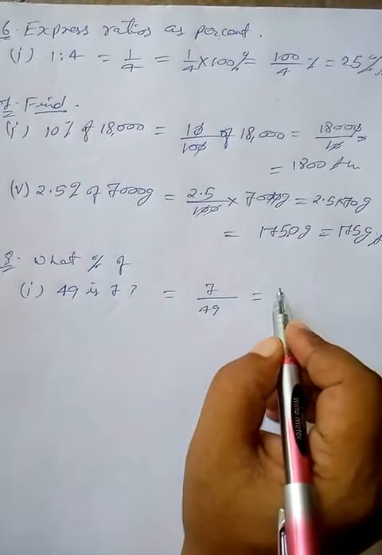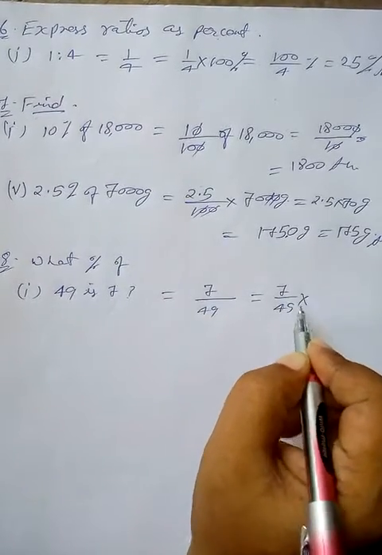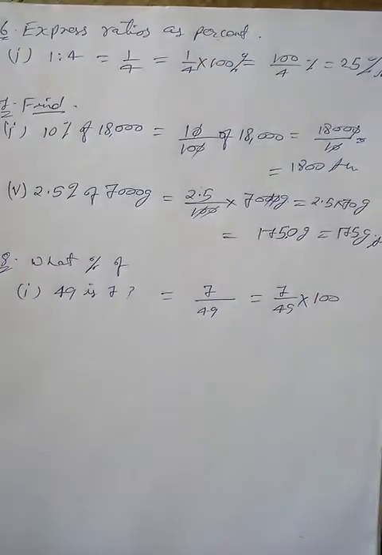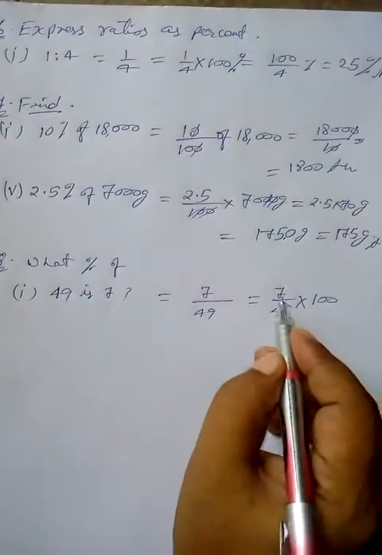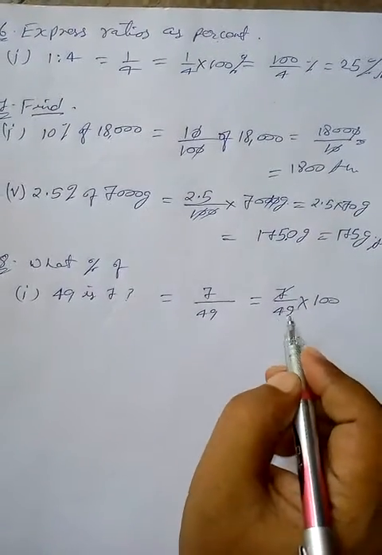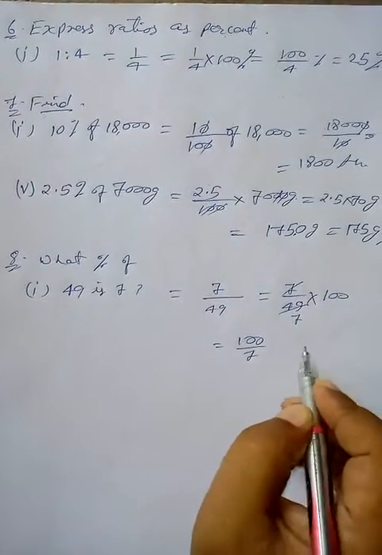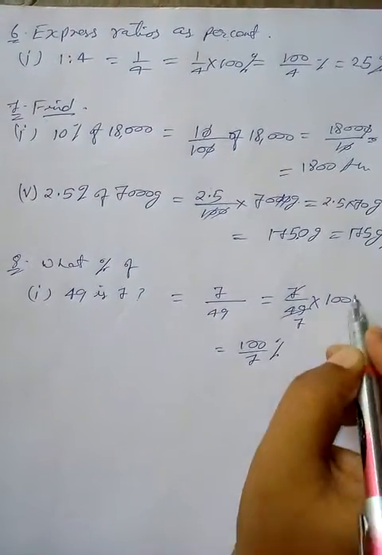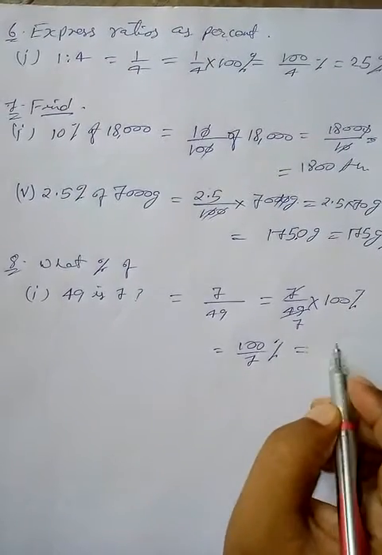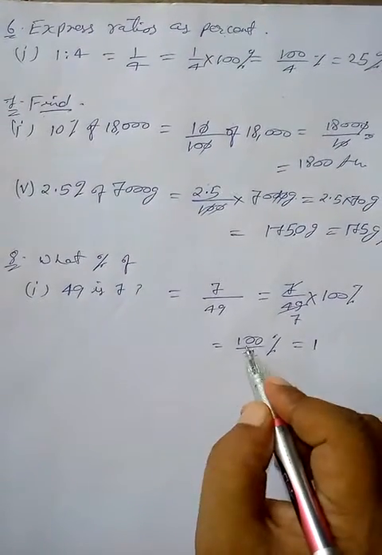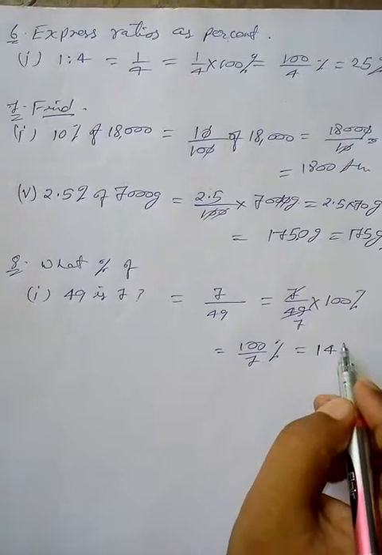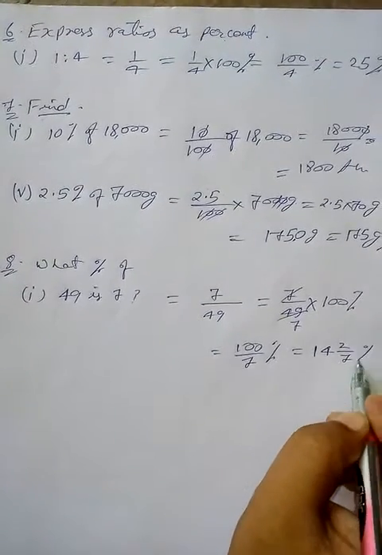Now you have to change it into percent. So 7 by 49 into 100. 7 sevens are 49. So 100 by 7%. So you get 7 twos are 14, 7 fours are 28, 14 2 by 7%.